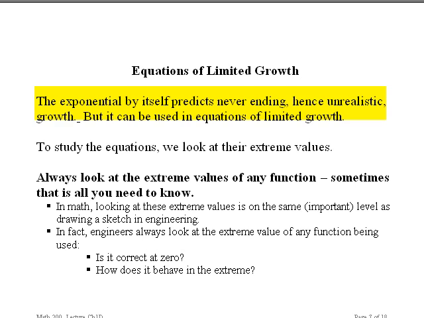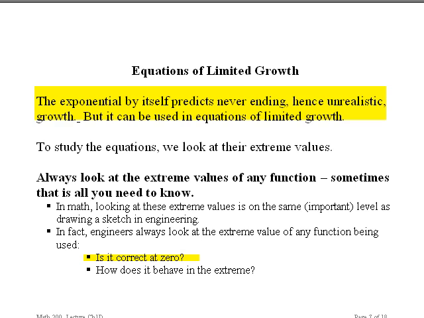When you look at these equations, they might at first look very complicated, but when we study them, the first thing to do, and this is true for any function, is look at its extreme values. Always look at what it does at 0. Put in the value of 0 for the independent variable: x equals 0, t equals 0, whatever the variable is you're working with, and see how it behaves at the start. Then look at what it does as t or x becomes very, very large.